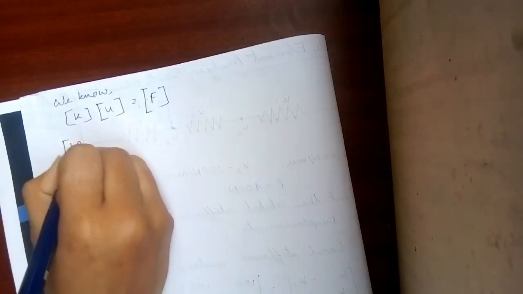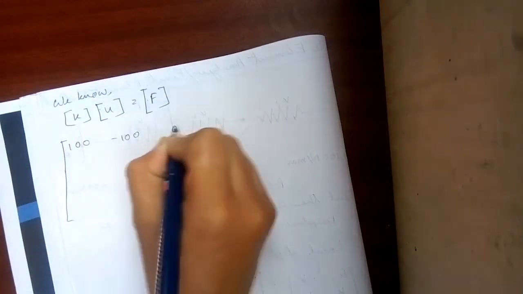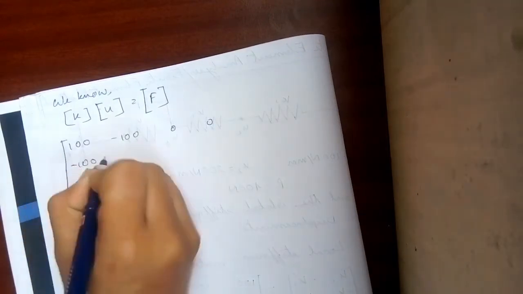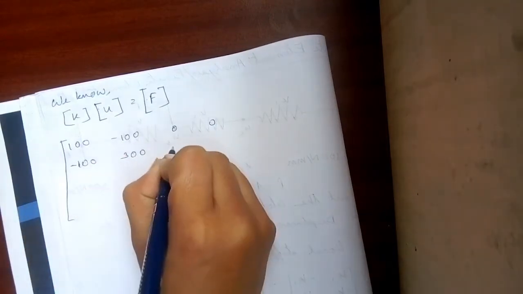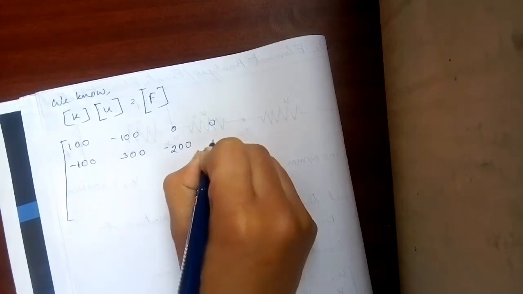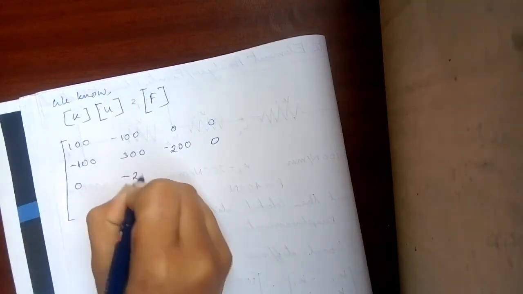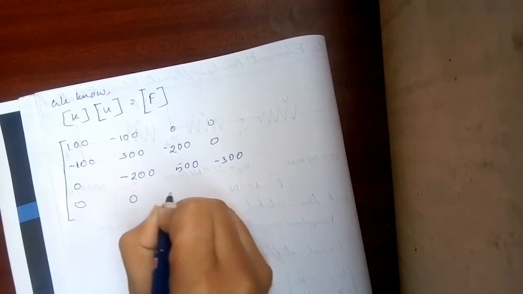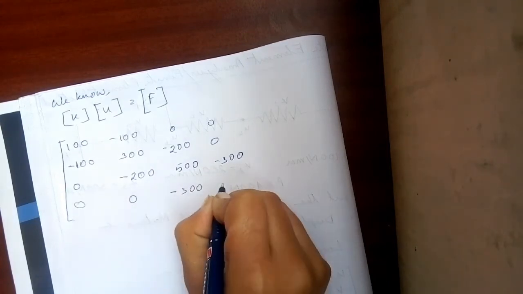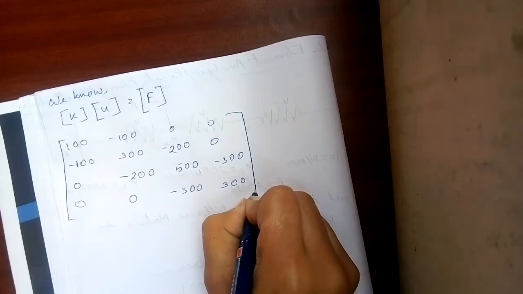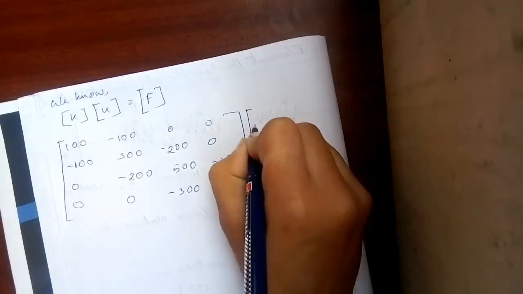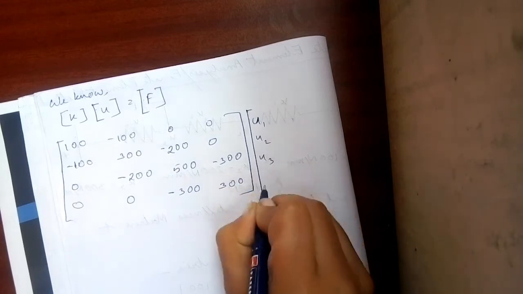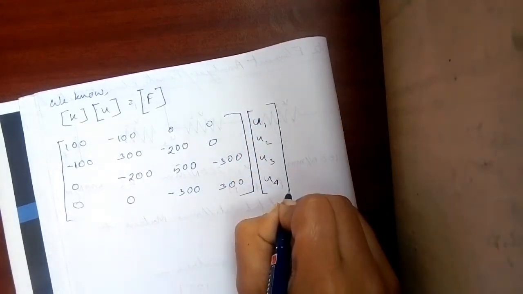Write down the global stiffness matrix, that is 100 minus 100 0 0, minus 100 300 minus 200 0, 0 minus 200 500 minus 300, 0 0 minus 300 and 300, into nodes. Write it as it is. The nodes are U1, U2, U3 and U4.